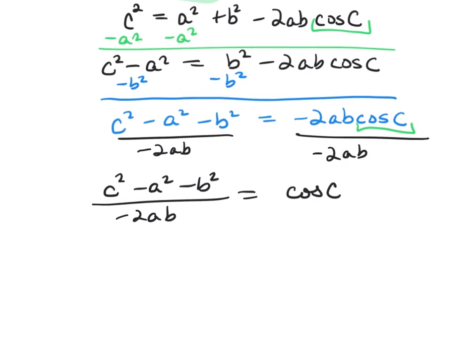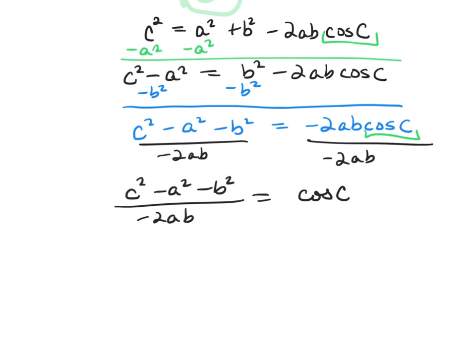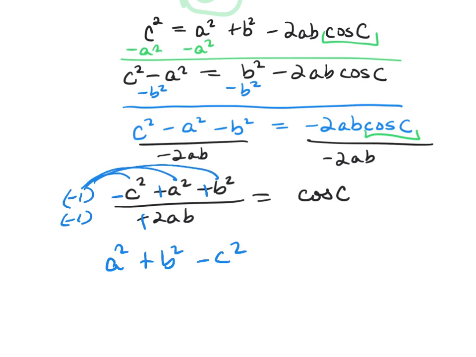Now, to get rid of the negative in the bottom, I could multiply top and bottom by negative 1. When I distribute it, this becomes negative, positive, positive, and this becomes a positive. So now I have a squared plus b squared minus c squared over 2 times a times b equals cosine c.